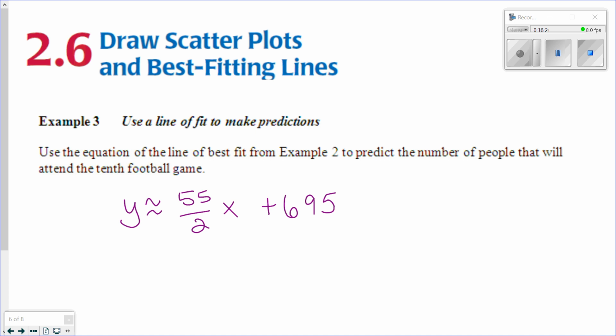So if I'm estimating how many people would attend the 10th game, that is my x coordinate, and y is the number of people, I can substitute in 10 for x.